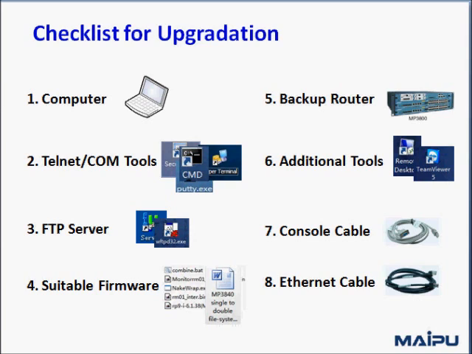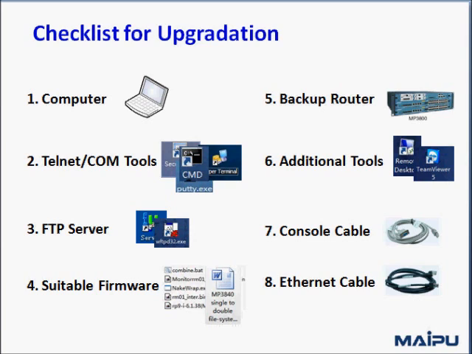In critical locations, you may require a backup router in case of disasters. Additional tools like Remote Desktop and TeamViewer are useful for remote support, if you are installing Maipu routers in some POPs or for critical enterprise customers like HO, so for remote backup support you require this kind of tools. A console cable is a must, and an Ethernet cable is a must.